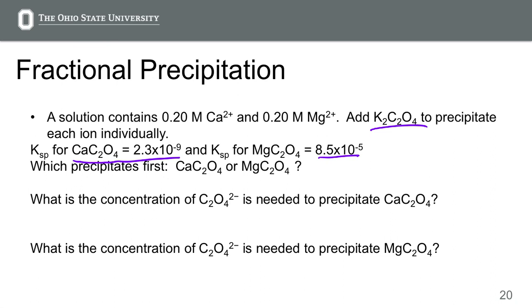Did I say it backwards last time? Is that why we're all confused? I'll take the blame. The smaller K precipitates first. That's more reactant favored.